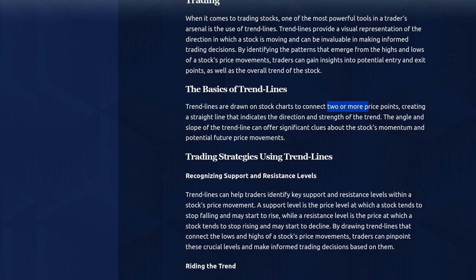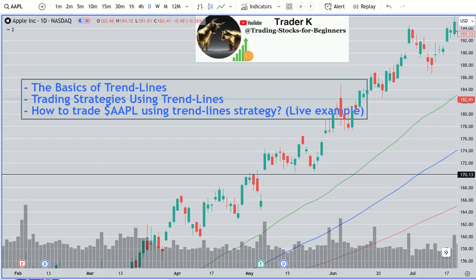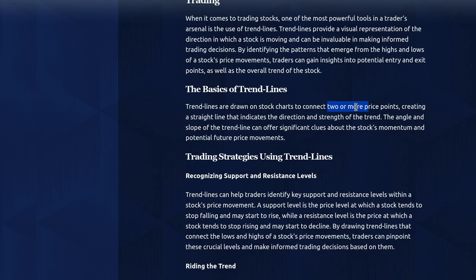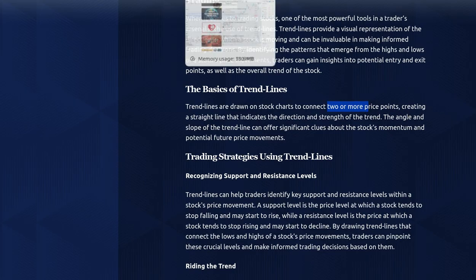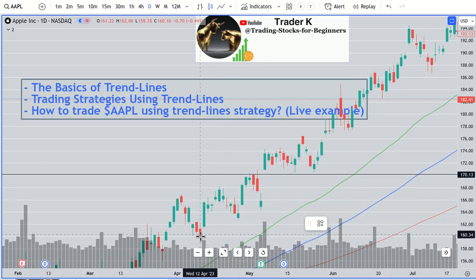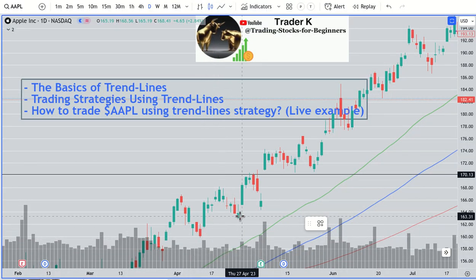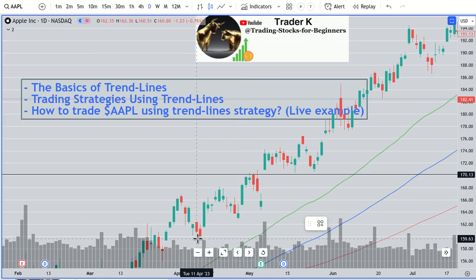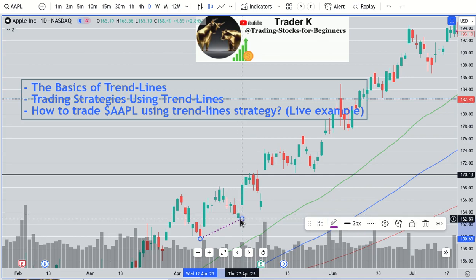I'm gonna show you a live example here to help you memorize or remember this part. So here it says two or more price points. There we go. Here's one point and here's the second point. I will draw a line from the lowest point that the stock reached from this part to this part.